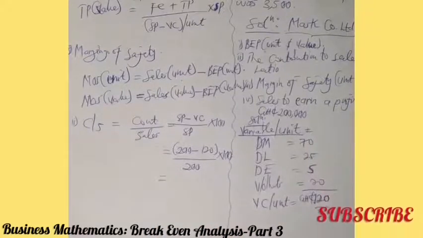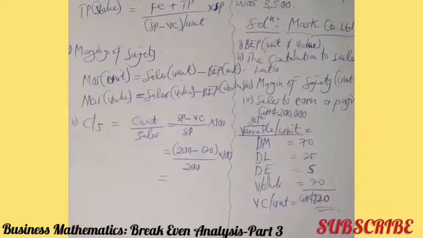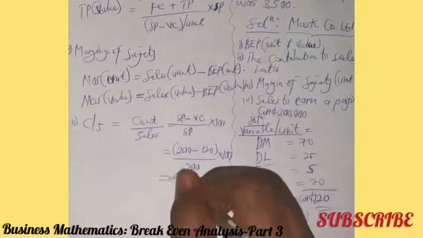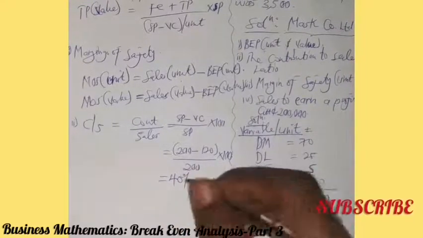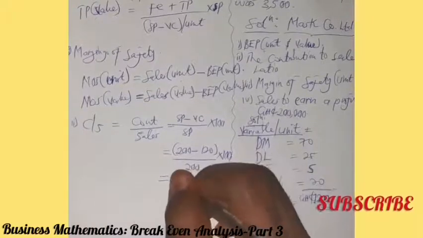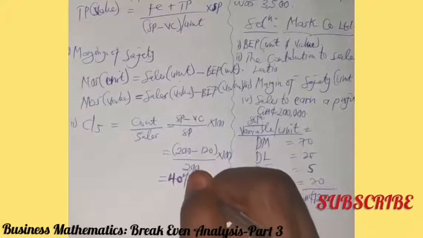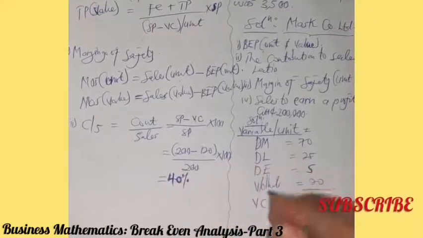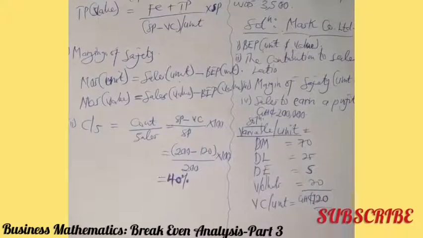So 200 minus 120 over 200 multiplied by 100. So I had 40%. So the 40% will be your contribution to sales ratio. Always it is your contribution per unit divided by your selling price per unit, all multiplied by 100. So take note of that.